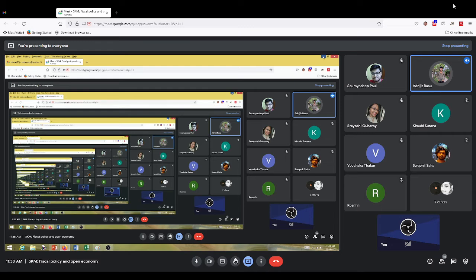Now it has almost doubled. That means if you have to buy $1, you have to pay 70 rupees. Now this has a very important implication for trade also.